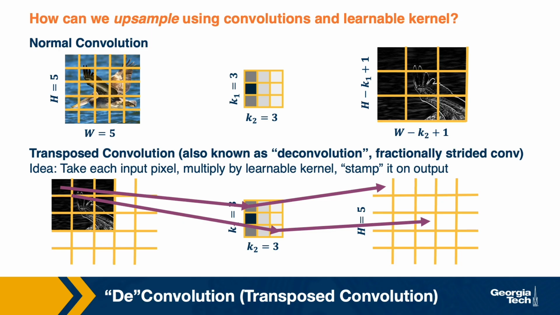We're going to take one input value here in location 1, 1, and we're going to actually multiply that one value by each of the values in the kernel. And so that corresponds to essentially stamping that kernel times the value across the 3 by 3 location here. And then we'll do something similar across the entire output.